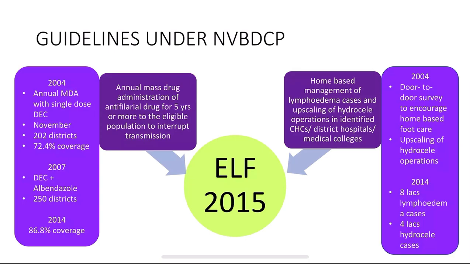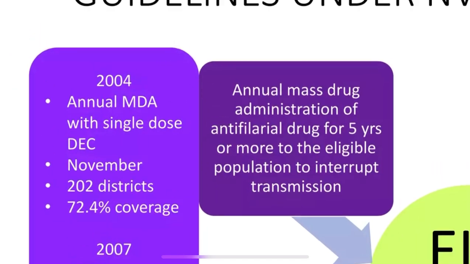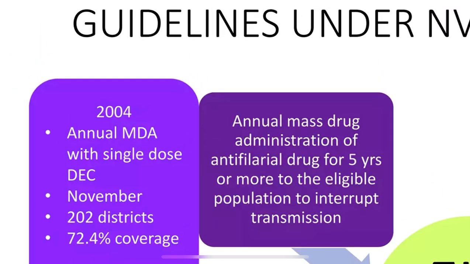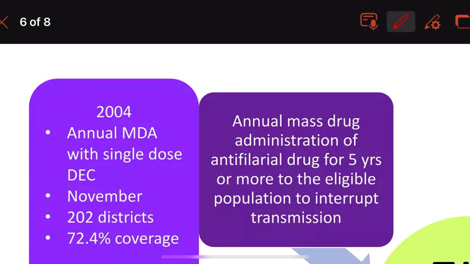Now, in the year 2004, so we see that to achieve the elimination of lymphatic filariasis during the year 2004, what happened? The government of India launched the annual mass drug administration with a single dose of DEC tablets. First thing, they introduced the single dose of DEC tablets. And the program was covering 202 districts in 2004.